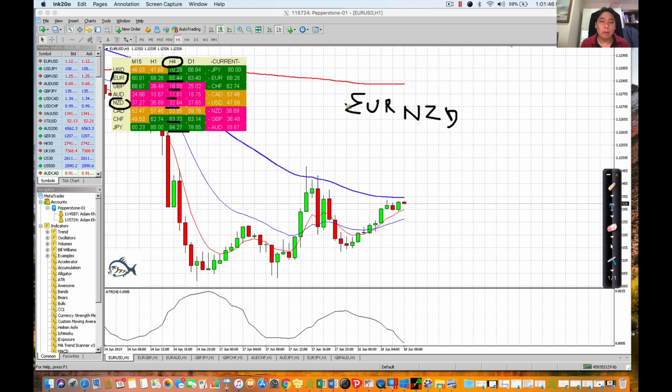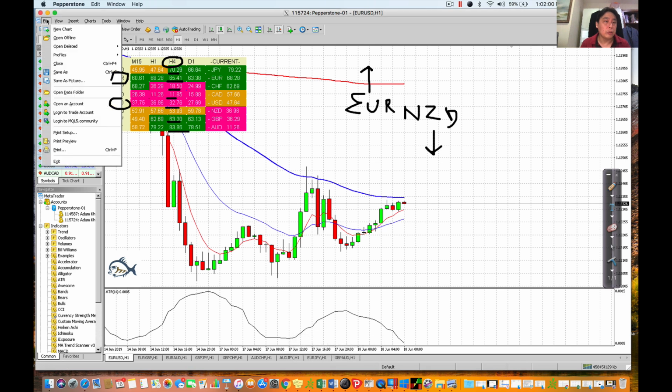So obviously, I like to be buying the euro because it's the green, and selling the New Zealand, which is red. So looking at the Euro-New Zealand pair.